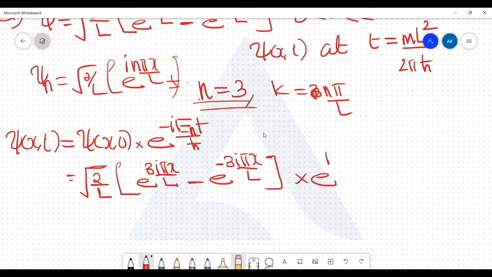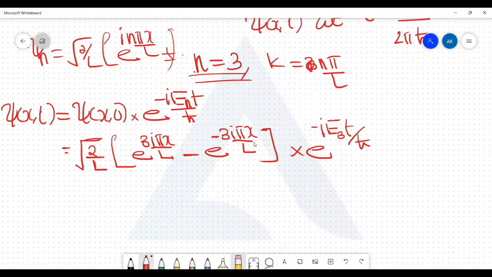Therefore, e raised to minus i E3 t by h cross, because both terms are n equal to 3 only here. So you have to just substitute the value and simplify.